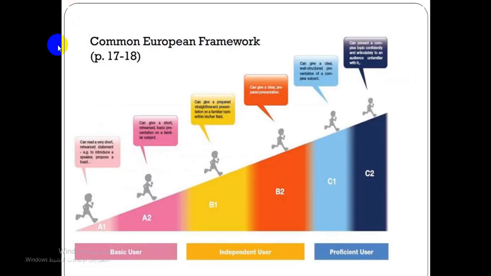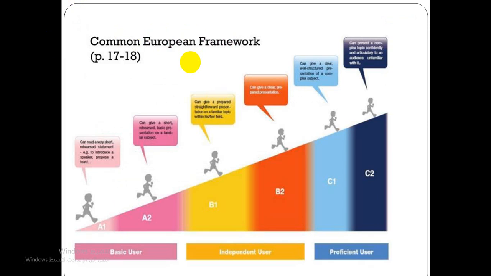In recent years, the Council of Europe and the Association of Language Testers of Europe have been working to define language competency levels for learners of a number of different languages.